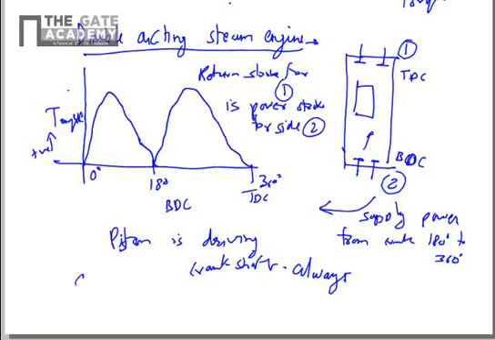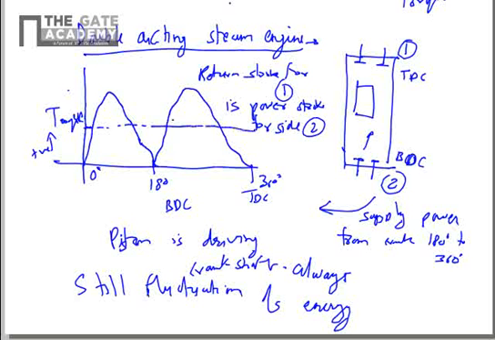However, still there is a fluctuation of energy. If you want to calculate a mean torque from the piston on the crankshaft, you will take an average of all this torque, and you will get a mean line. So this will be called a mean torque line. If you see, some portion of the crank angle lies above the mean torque line, while some lies below the mean torque line.